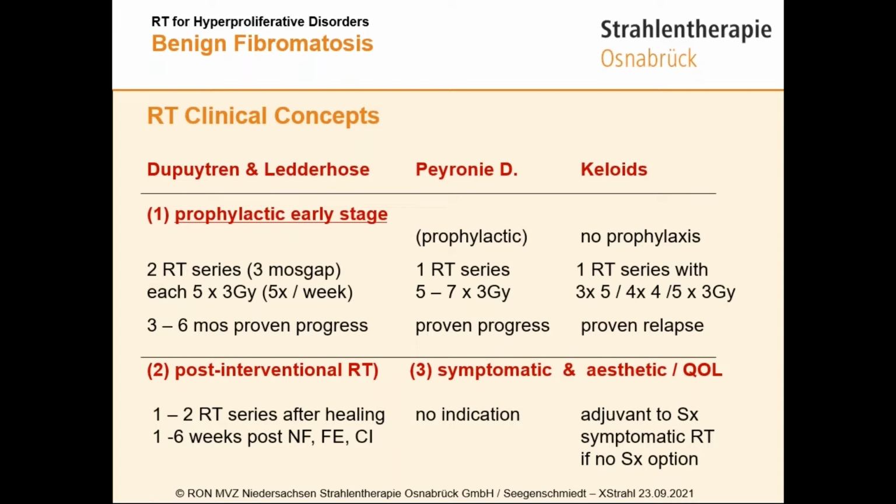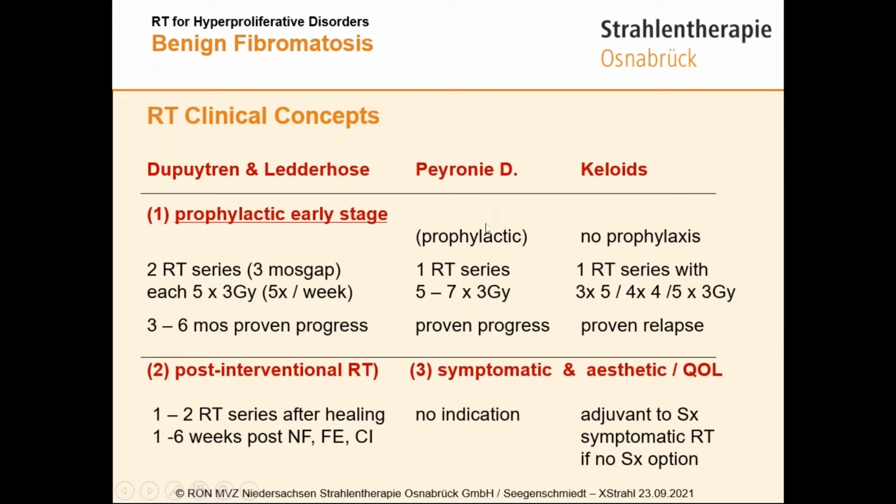In this instance, 2 series of each 5 × 3 gray with a 3-month gap are applied. Usually, it is indicated to provide radiotherapy if a 3 to 6 months proven progress has been shown.